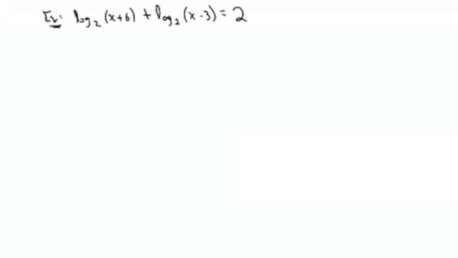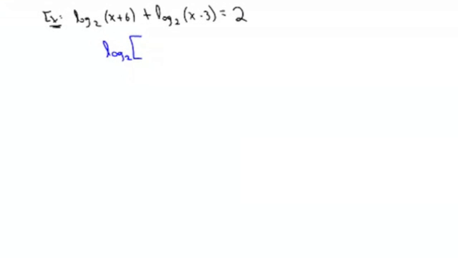So since you have a log, and just a plain old number, what can I do to the left-hand side to make it look a little bit better? Well, you're going to change the addition between the logarithms to a multiplication between the factors and write it as a single log. So you write log once.